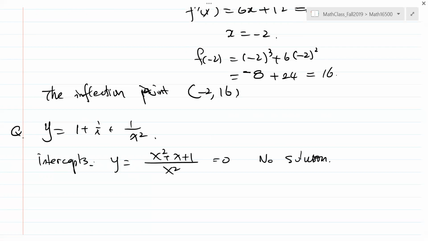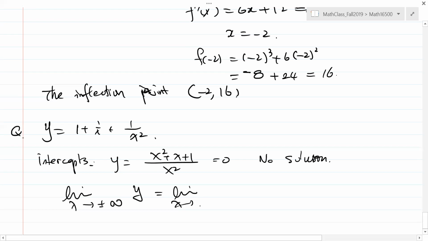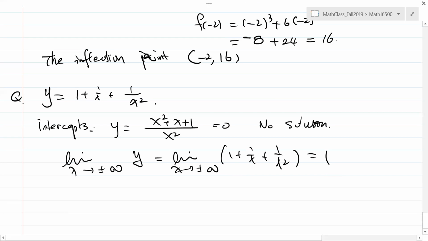So the graph does not intersect the x-axis. Okay, let's look at asymptotes. This is always going to be 1. So y equals 1 is a horizontal asymptote.